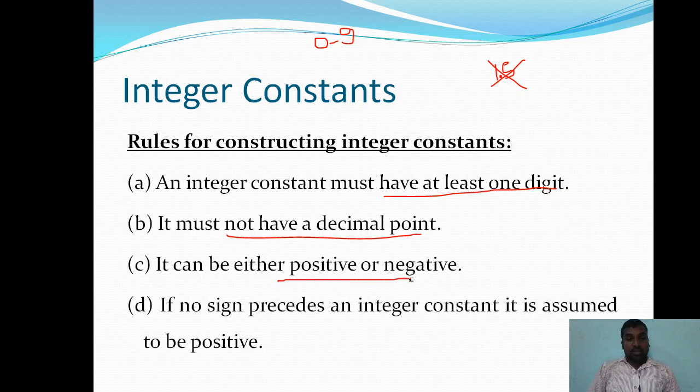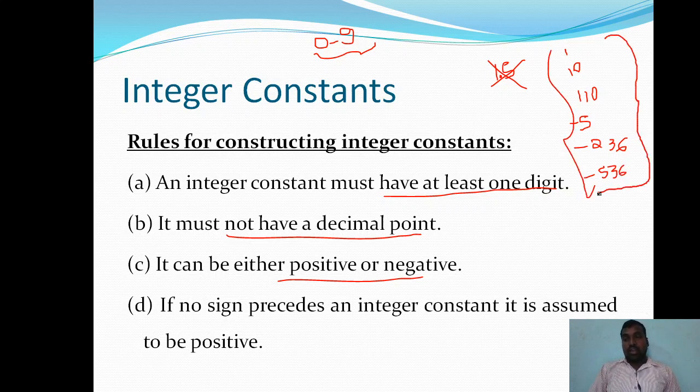It can be either positive or negative. Combinations of the digits 0 to 9 can form any integer values: 1, 10, 11, 110, -5, -2, 36 or -5, 36. All these are integers.